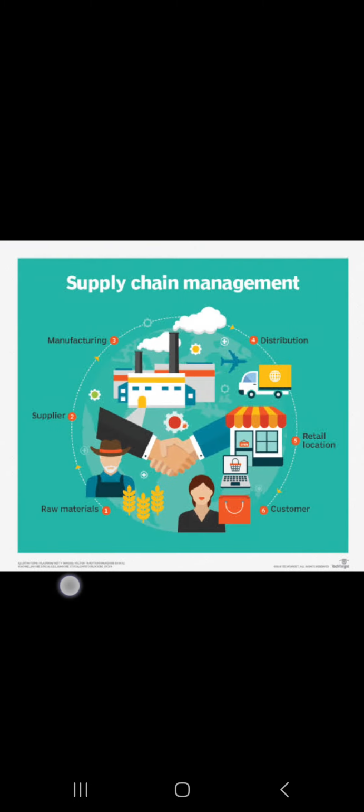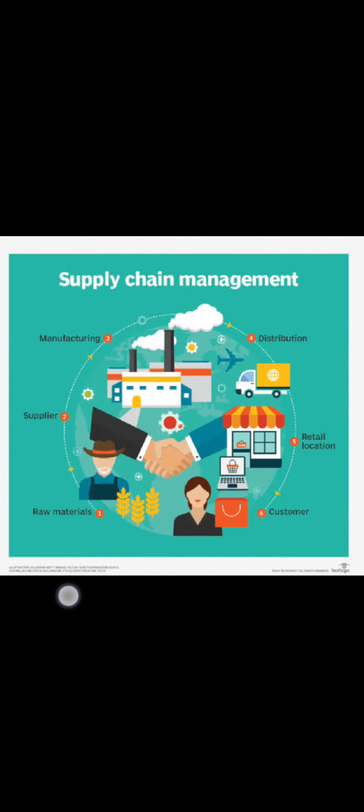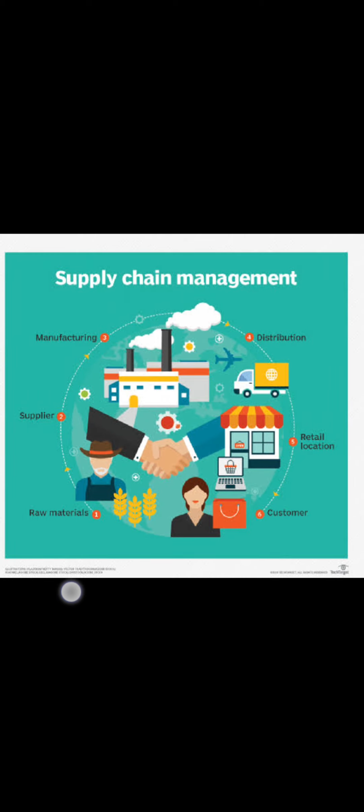Here, this is a photo where you can clearly see manufacturing of the product, movement of the product, transport of the product, data processing with the help of many people. These are the people who are involved in supplying that product to a particular customer.